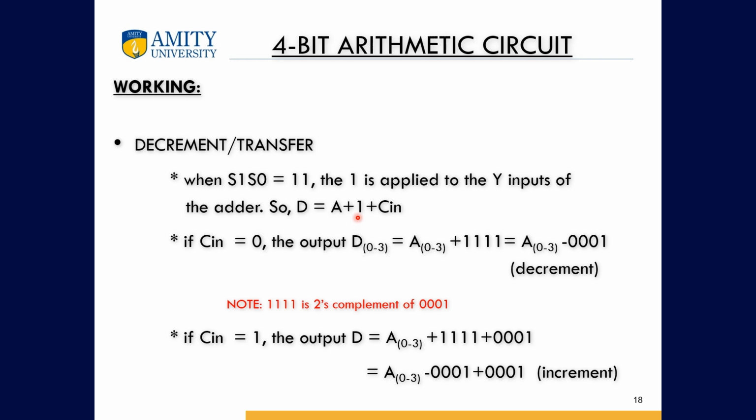When A plus 1 is done, we have the 2's complement of 1 taken here, and accordingly it helps in decrement. If Cin is 1, then the output is the 2's complement plus just 1 from Cin. Cin becomes 1, and with the 2's complement subtraction and addition, it gives us the cancelling out, and hence it increments A.